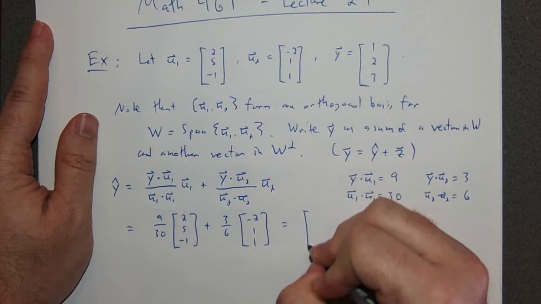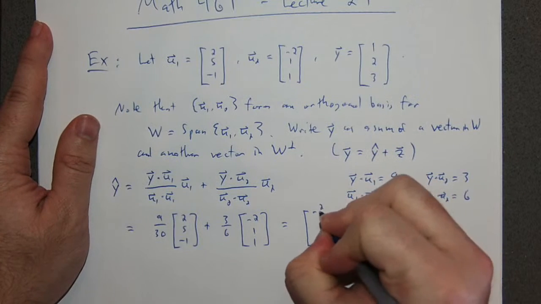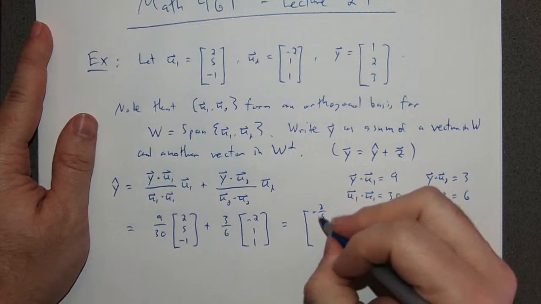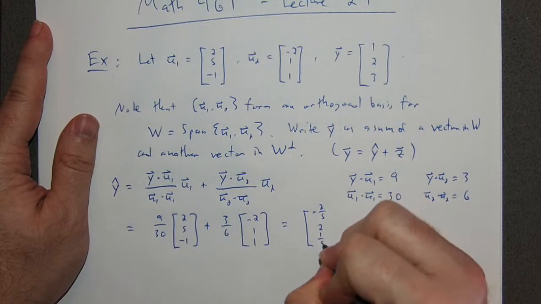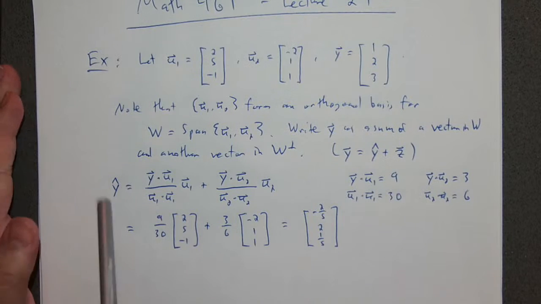Apparently I get minus 2/5, 2, and 1/5. You can check that on your own. So I get a vector here, and this is my y hat.